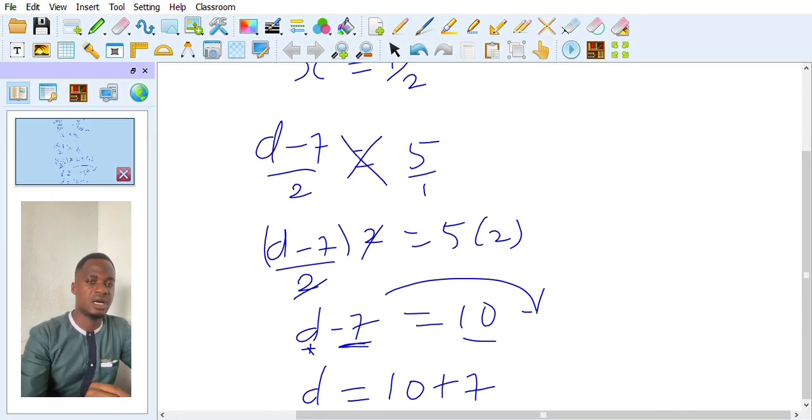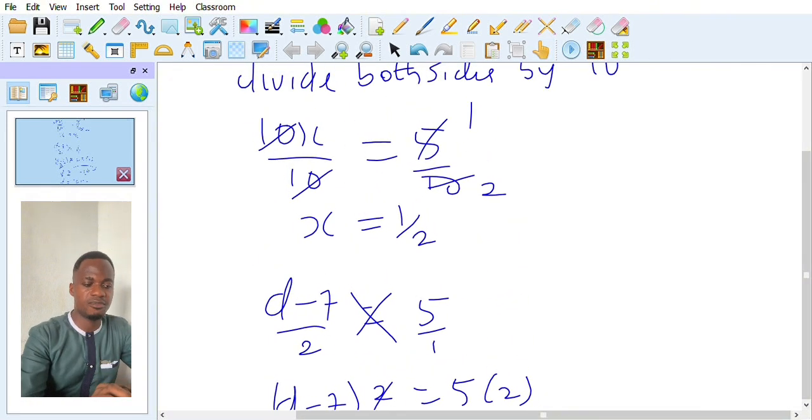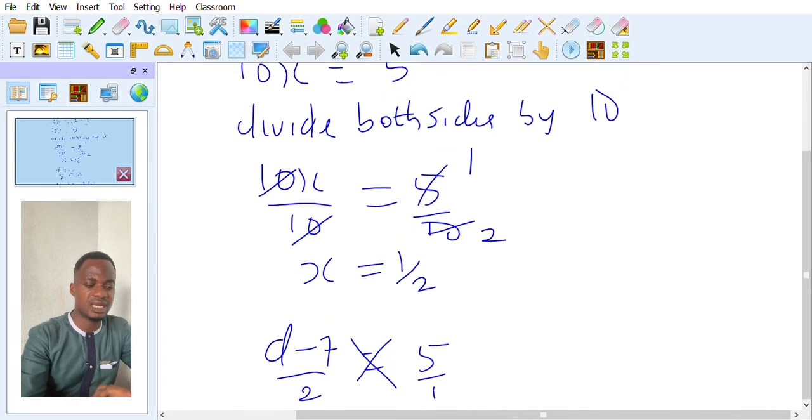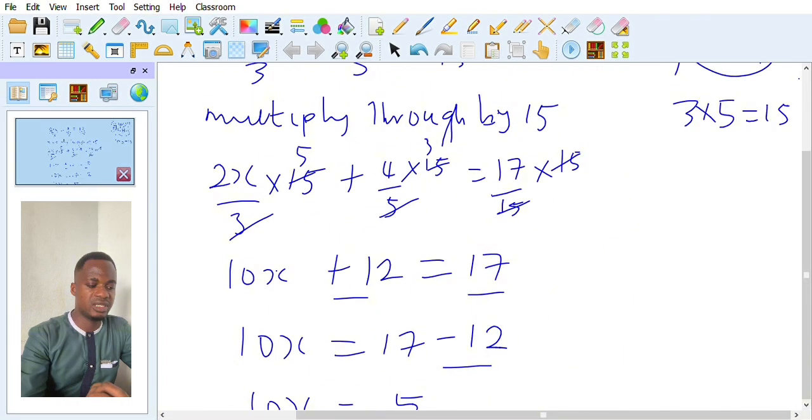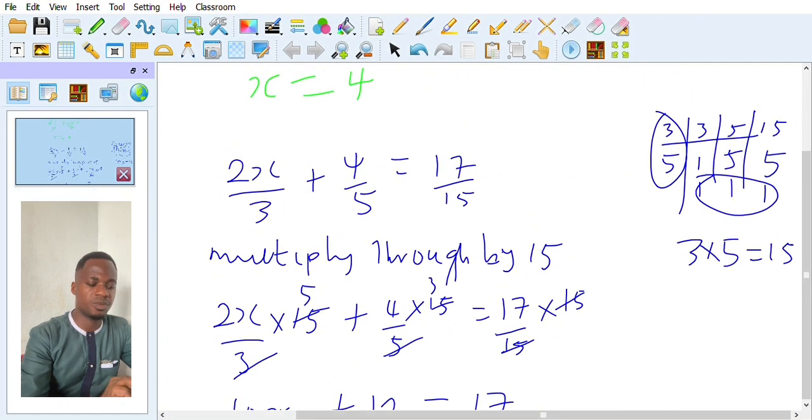I'm going to show you how to do that cross multiply in the next series of examples. But please note that cross multiply will not work if we have more than one term on the left hand side and right hand side. For instance, in this example, we have 2 terms.